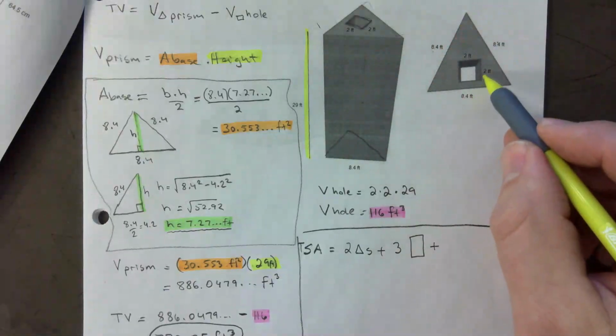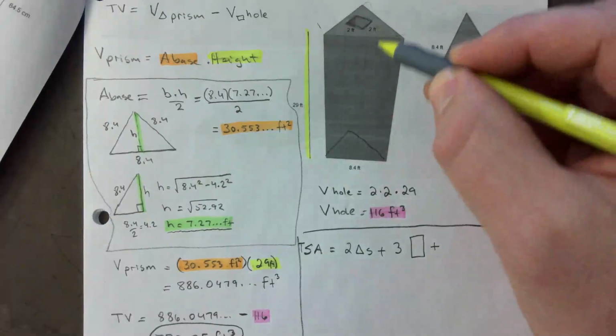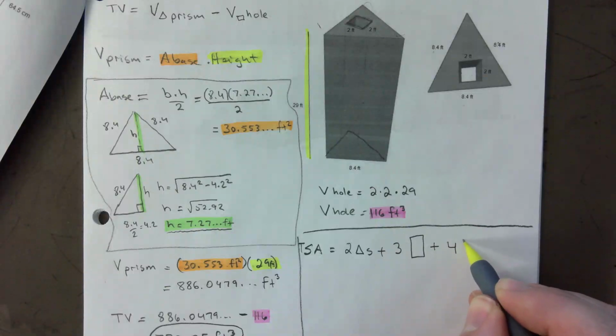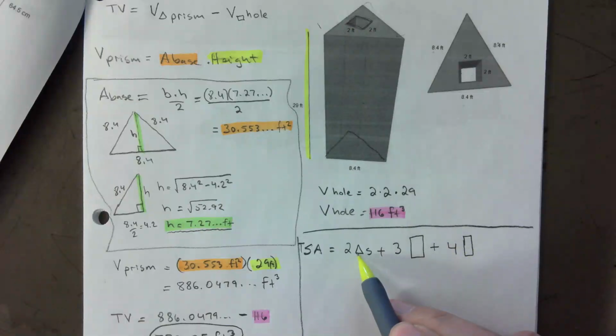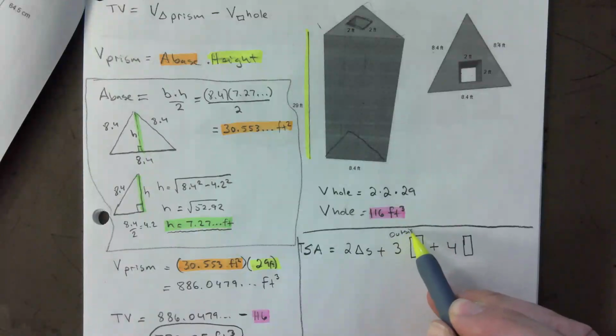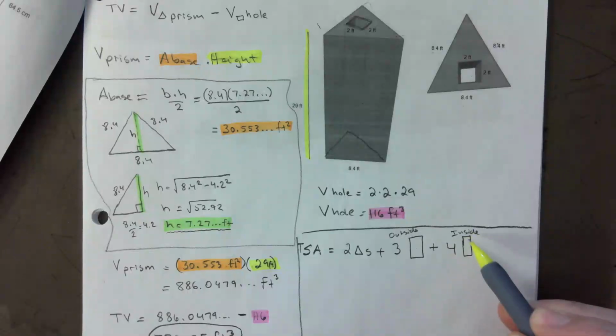Like you can see it better when you look at it this view. There's four longer pieces that go right through. So I have four longer pieces like this. So two triangles. This is the outside. This is the four inside faces.